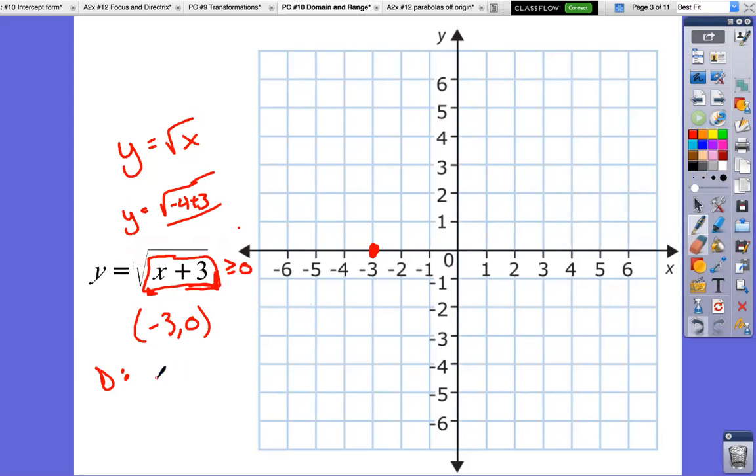So my domain is all real numbers where x is greater than or equal to -3. But how in the world do I write that in interval notation?